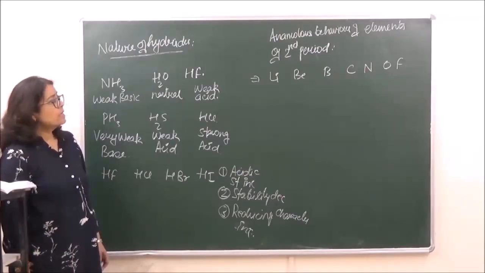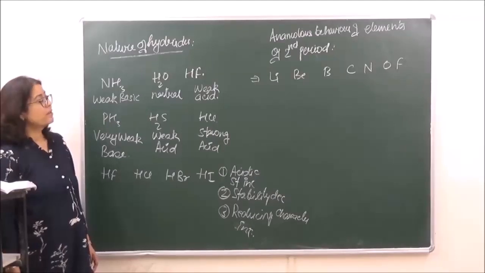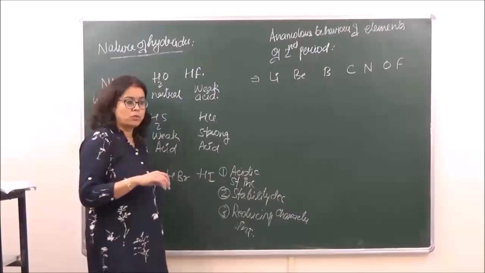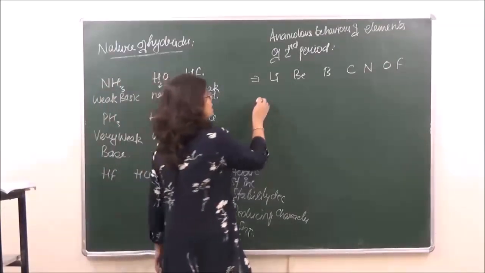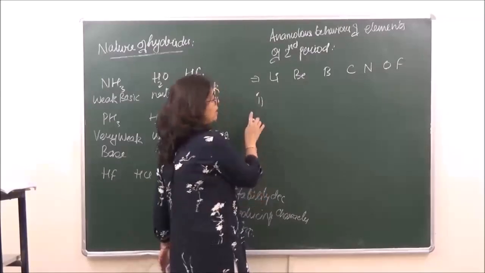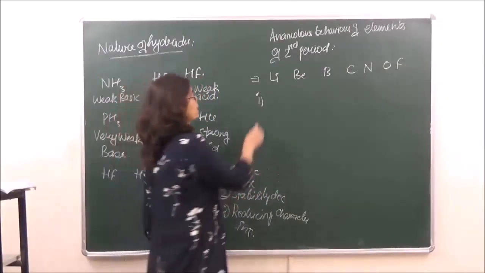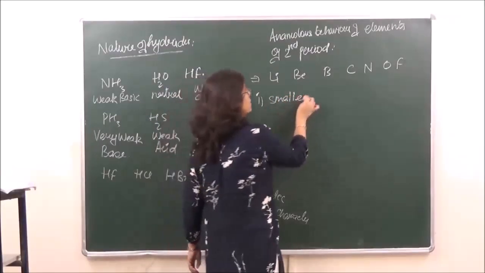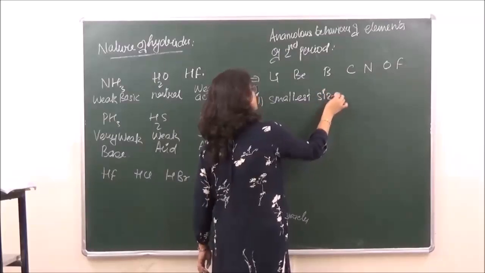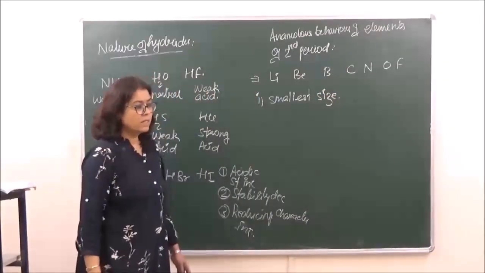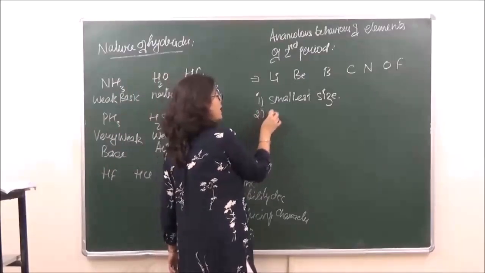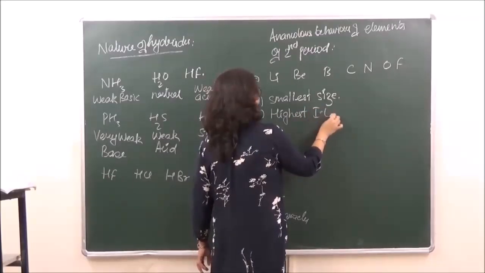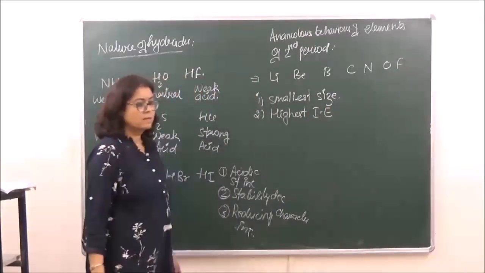Now we say that all these elements, being the first elements of their respective groups, show different properties than the rest of the members of the groups. Okay? Now why is this happening? The reason behind this is that they have the smallest size. Second, they have the highest ionization energies.